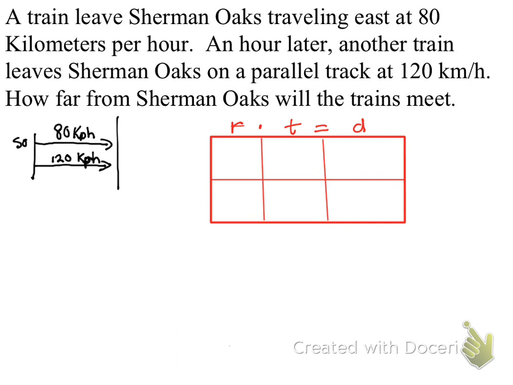And I'm going to differentiate them by the faster one and the slower one. Let's call the first one the slow one because that's who left first, and let's call the other one the fast. What do we know right away that I can fill in?